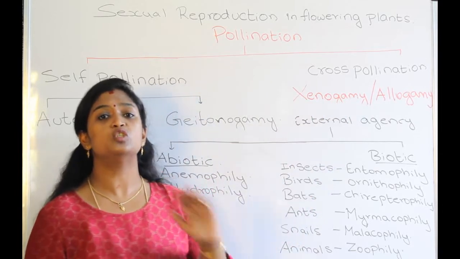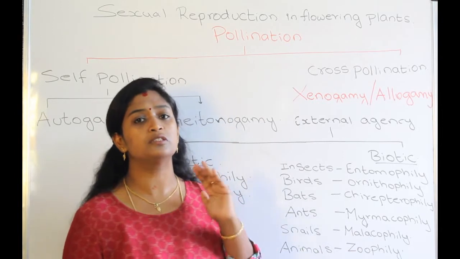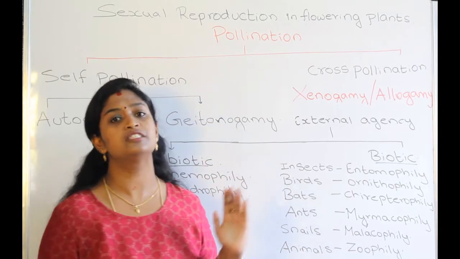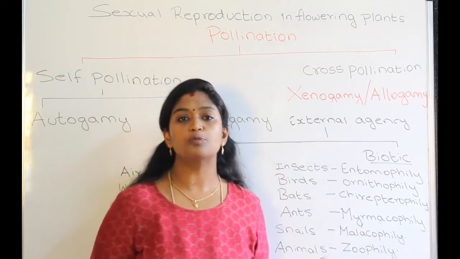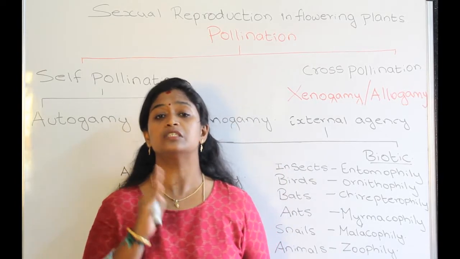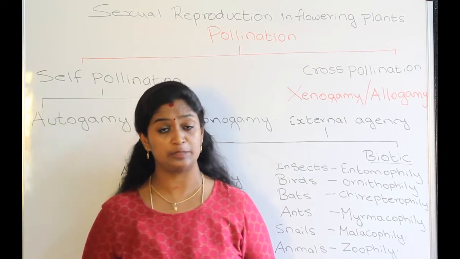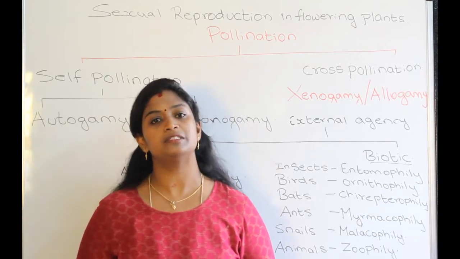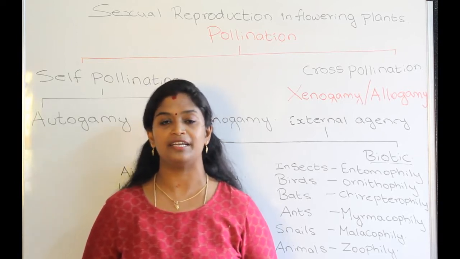That is, there is no 100% assurance of pollination and no 100% assurance of giving rise to the next progeny. So, the self-pollinating and cross-pollinating flowers undergo certain adaptations in order to assure that pollination takes place. In our next video, we will study the adaptations of self-pollinating flowers and cross-pollinating flowers.